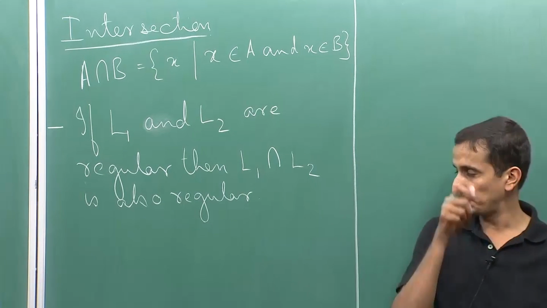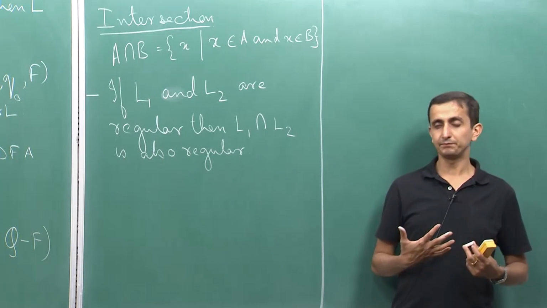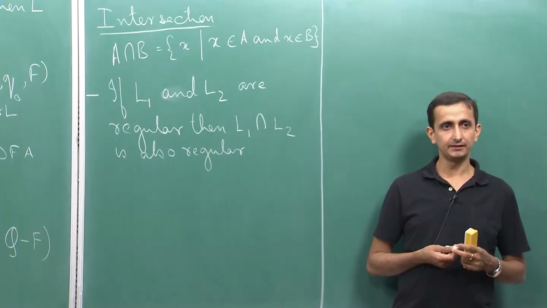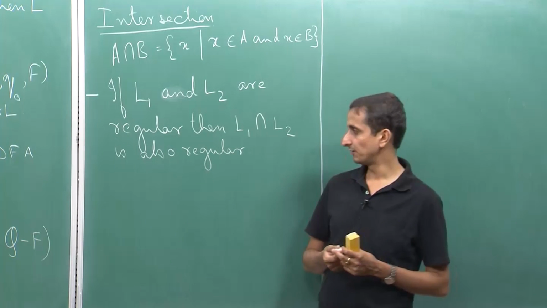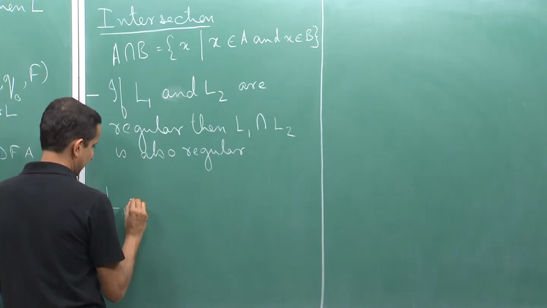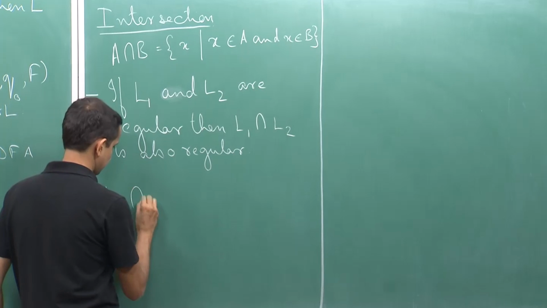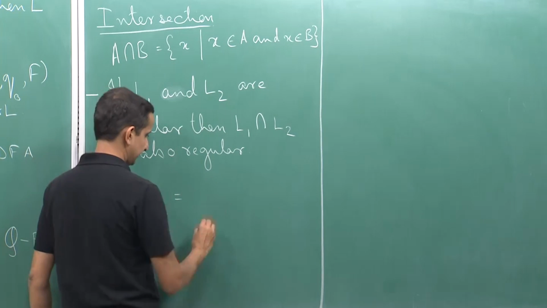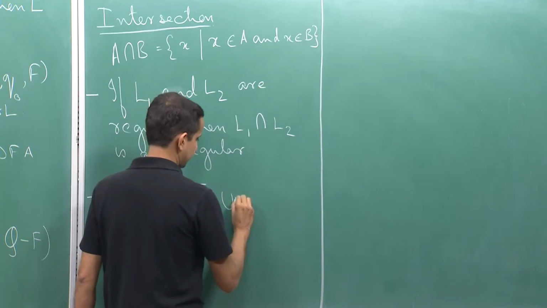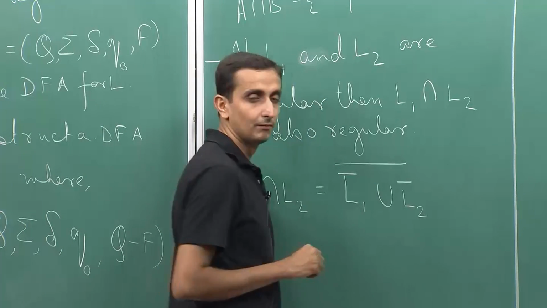Okay. So, here we will use a very famous result in computer science, or not only computer science, but in set theory, that is due to De Morgan. It is also known as De Morgan's law, which states that L1 intersection L2 can also be written as (L1 complement union L2 complement) whole complement.